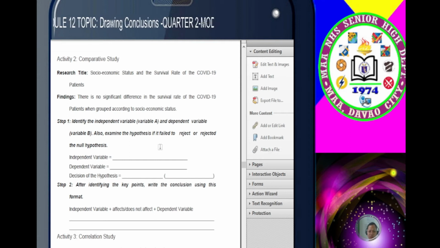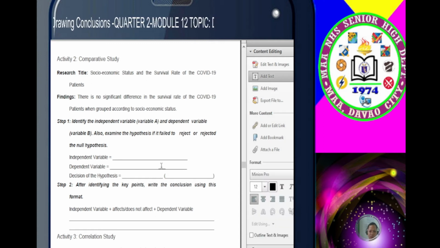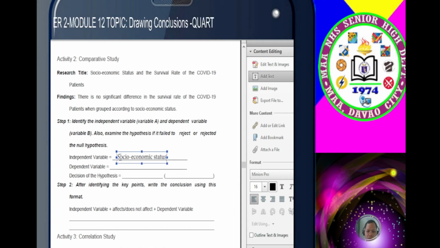First, we will identify here our variables, dependent, independent, and the decision. Okay, so let's write. Our independent variable here is the socio-economic status.